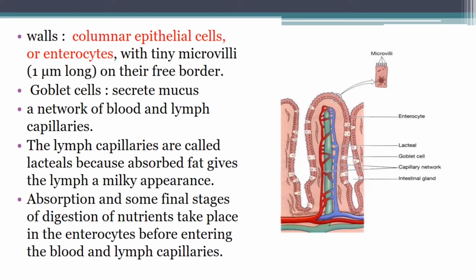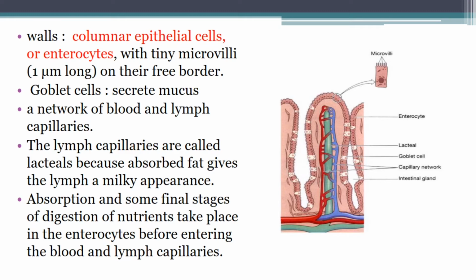In the walls there are the columnar epithelial cells, or we can say the enterocytes. What are the enterocytes? They are the columnar epithelial cells with tiny microvilli, 1 micrometer long on their free border.